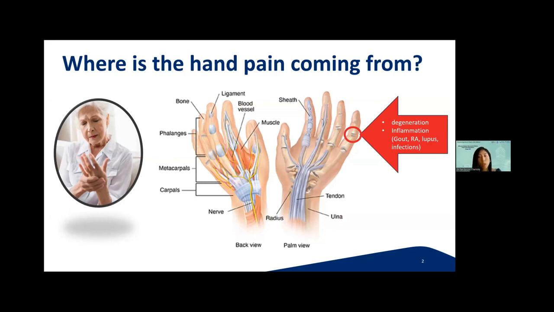This happens when your immune system, which is usually used to fight germs and protect you from infections, becomes a bit haywire and instead attacks the organs in your body. And this can include your joints, resulting in joint inflammation. Infection of the joint can also occur when germs seep into the joint space, resulting in inflammation of the joint.